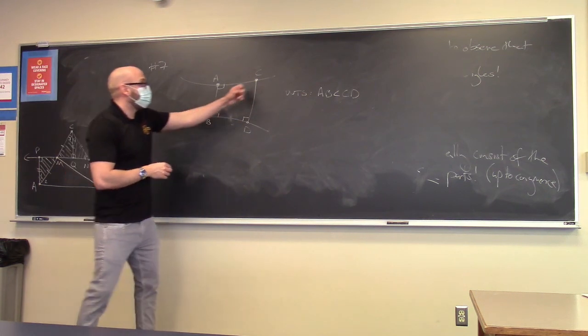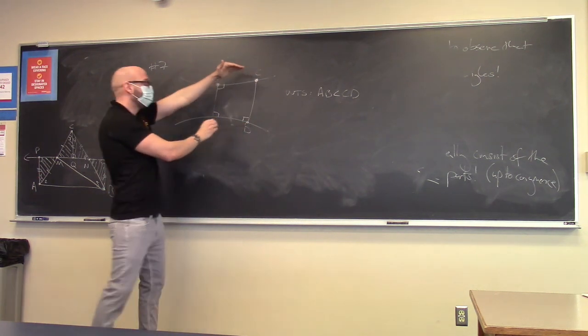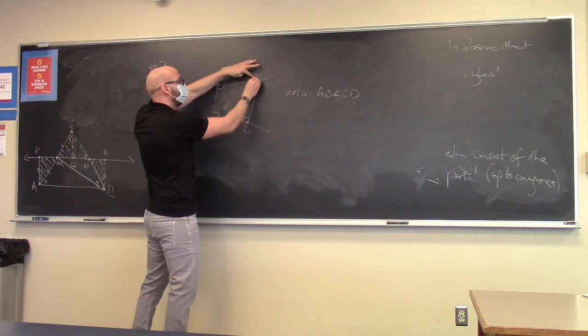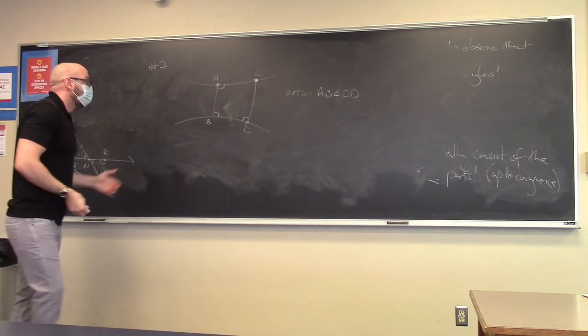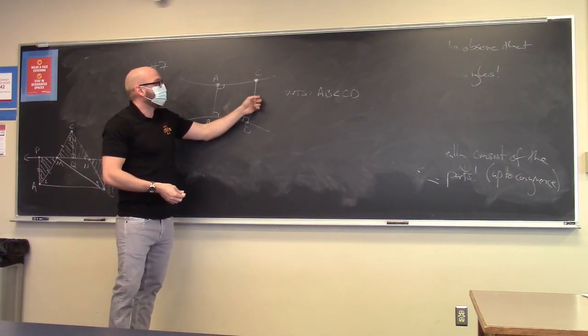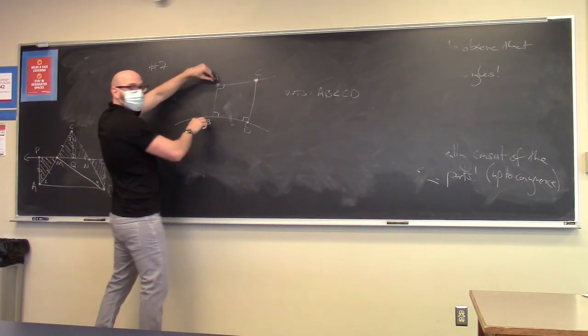Do you agree? How do I measure the distance from this point to this line? Well, I drop a perpendicular. So the distance between the lines at this point is the length of this perpendicular. And you want to show that no matter what point you choose, no matter which line segment you look at, this is always longer than this one, right?